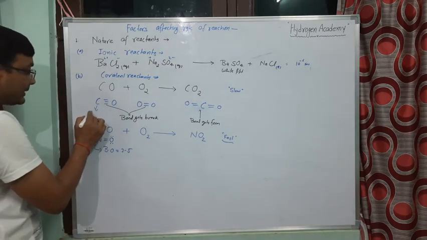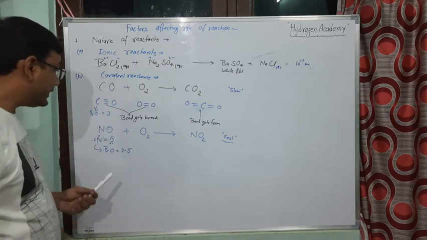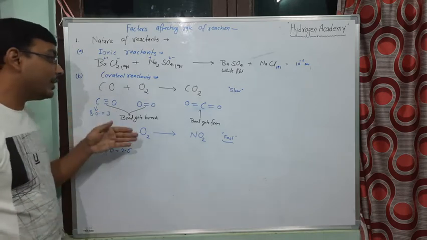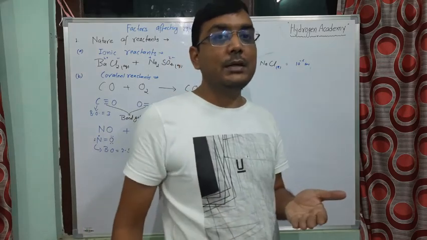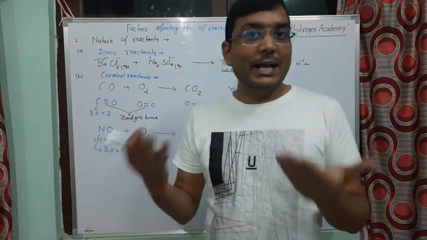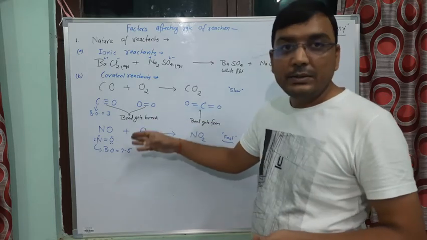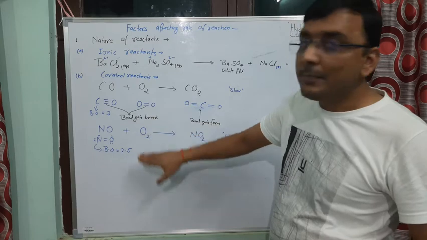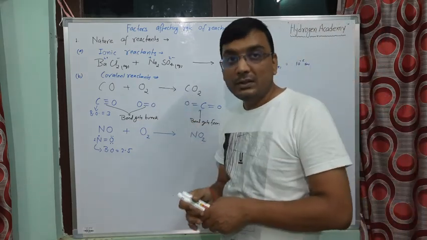In carbon monoxide bond order comes 3. So here the bond order is more, so number of bonds is more. Number of bonds is more means if you break more number of bonds, then it takes more time. So number of bonds may also affect the rate of reaction.